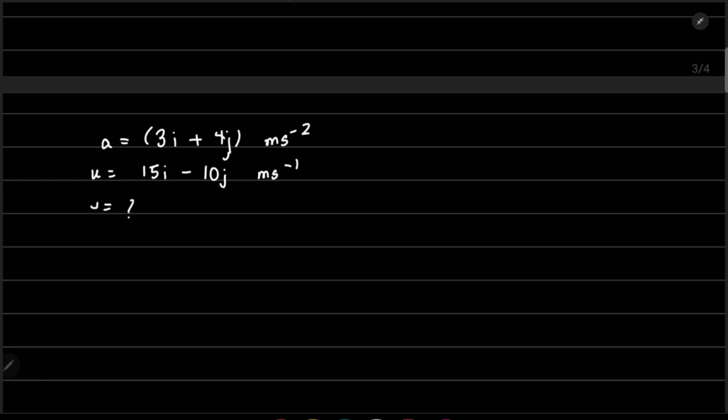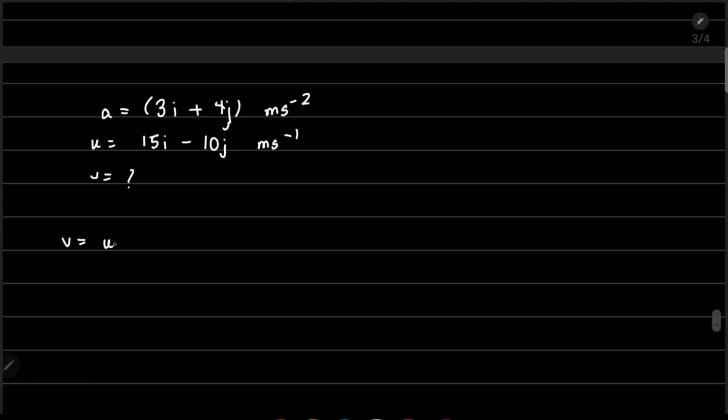After this, this was for constant velocity. We can also be given the acceleration vector. So if we are given that acceleration is 3i plus 4j meters per second squared, and given the initial velocity is 15i minus 10j, we might have to find the final velocity with respect to t.